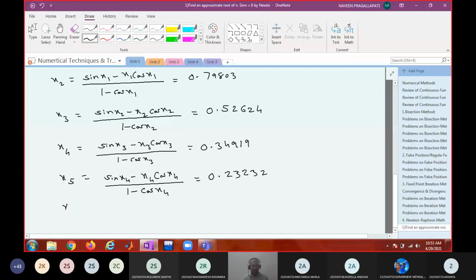See, this method will give you a root. To which root is this sequence converging? Is it converging to the same root as we got in the Newton-Raphson method, or are we getting some other root?